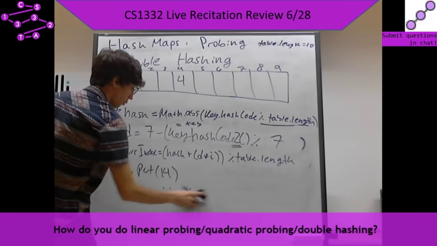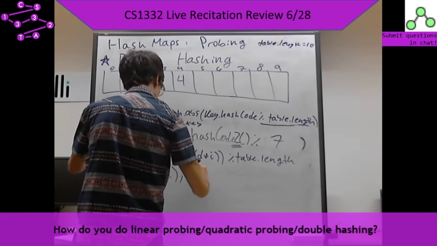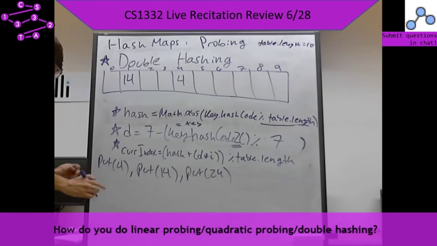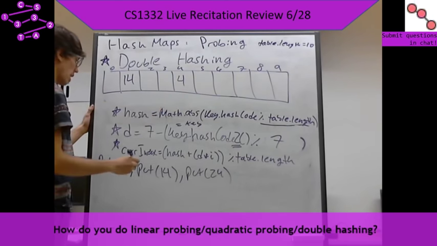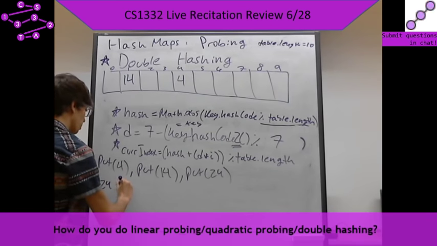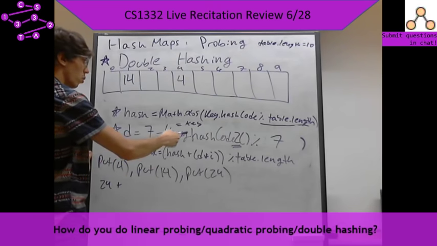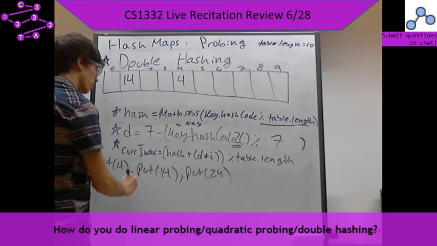So there was put on 14, which put it in a very different spot, and let's do put 24, right? Again, this is going to get mapped initially to 4. We'll see that it's full. And now let's calculate d. So we have 24 plus d, which in this case is going to be 24 mod 7, which comes out to 3.